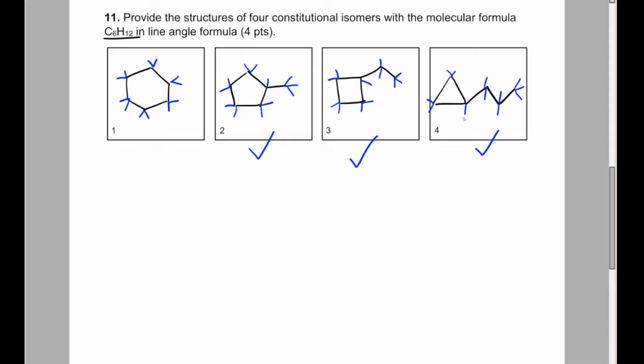As you can see, they all have 6 carbons and 12 hydrogens, so these would all be correct constitutional isomers for this molecular formula. And as always, there are tons of ways you can do this problem. This is just my way of doing it. I think it's the easiest, but who knows?